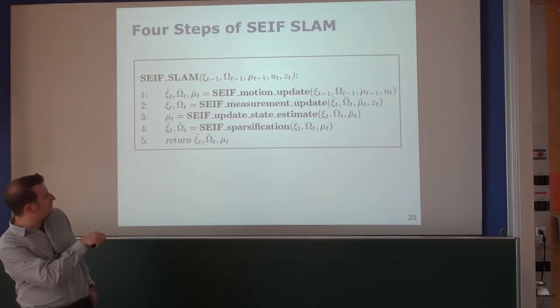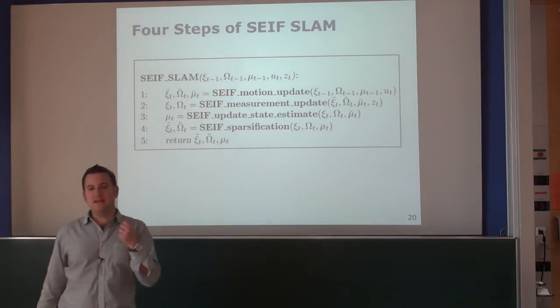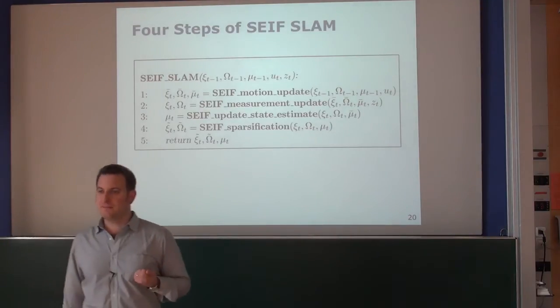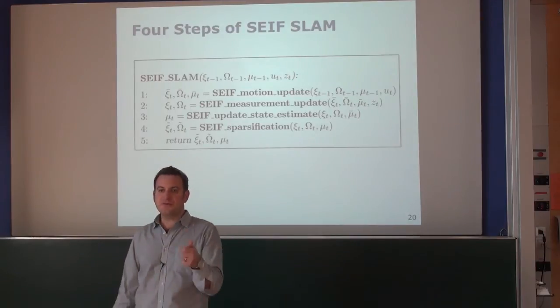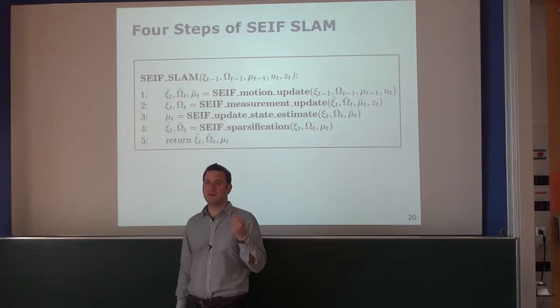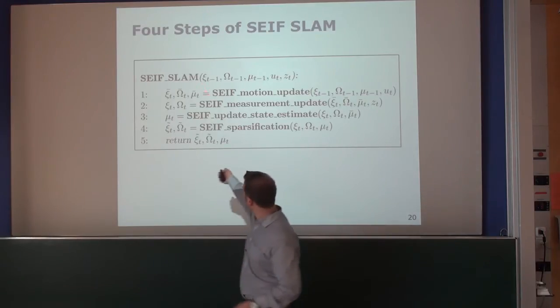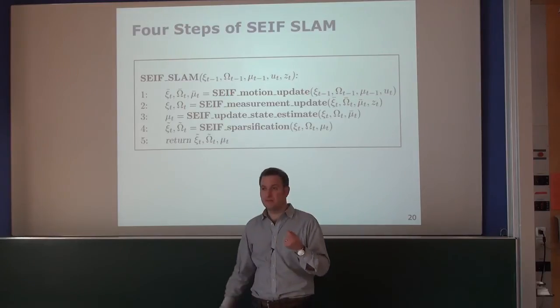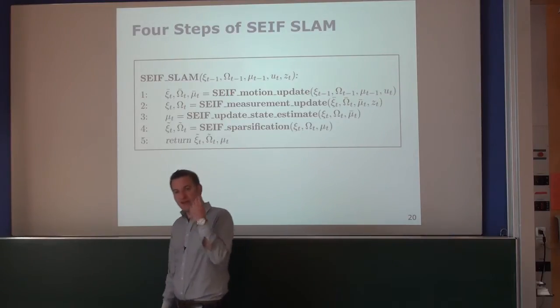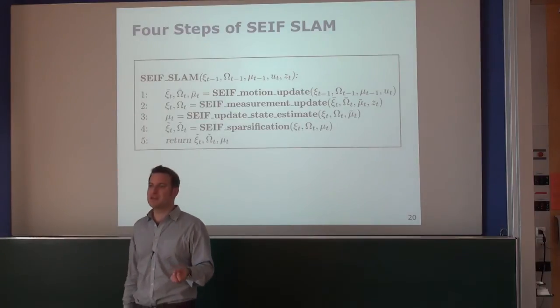Why does this strange update state estimate step over here exist? The problem is I need an estimate of the mean for several reasons. The first reason is the propagation of the robot's motion, the nonlinear function g, requires the mean as an input. So the first step here, the motion update, requires a mean. The second step, the measurement update, requires a mean because I need to compute a predicted measurement.